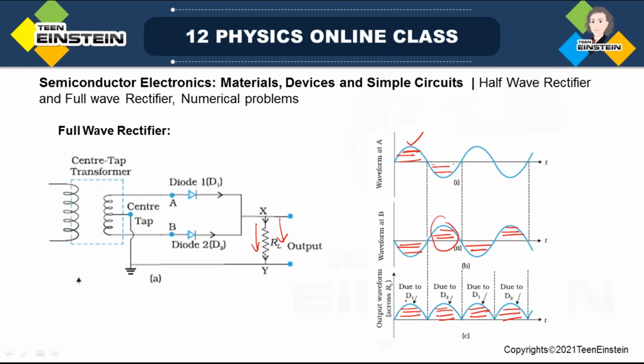In this case we have used two diodes. Now you are getting the voltage in only one direction, that is the positive direction. There are no negative values of the output, only positive values, but the output is not constant. It is a pulsating output voltage.